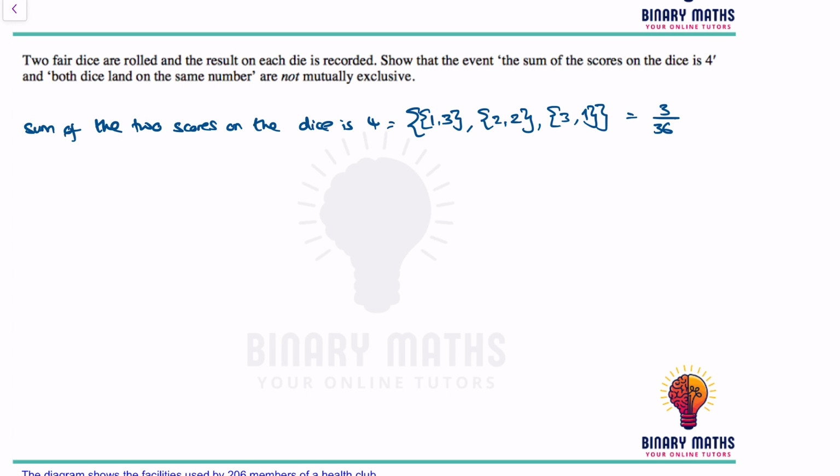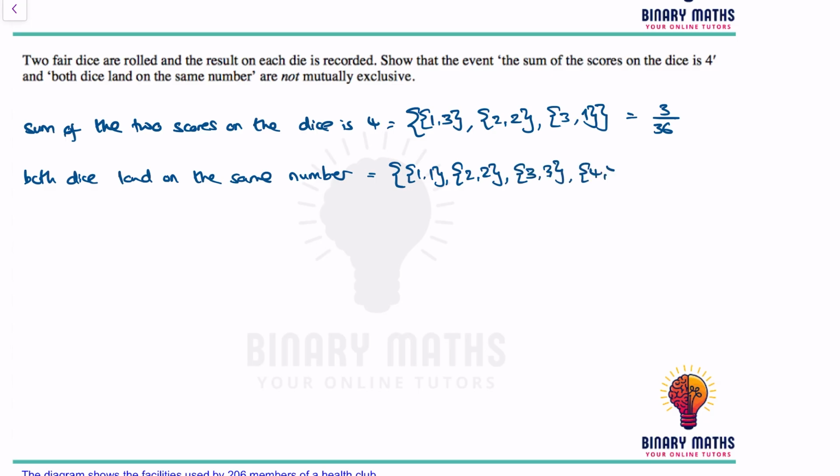Okay, and if I think both dice land on the same number, that is equal to obviously 1, 1, 2, 2, 3, 3, 4, 4, 5, 5, and 6, 6, which is 6 out of 36. Now the overlap is the intersect, so the only number that comes out in both is 2, 2.